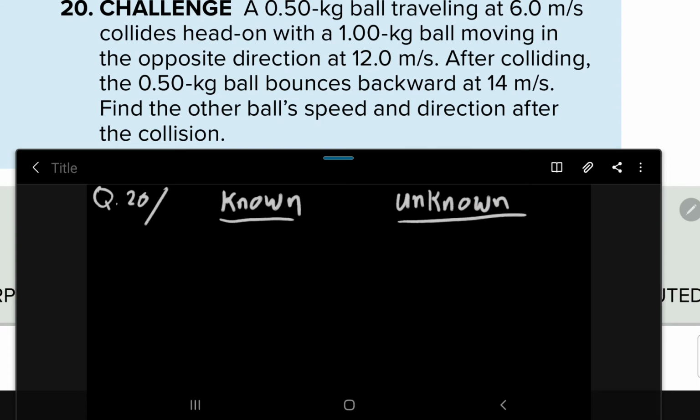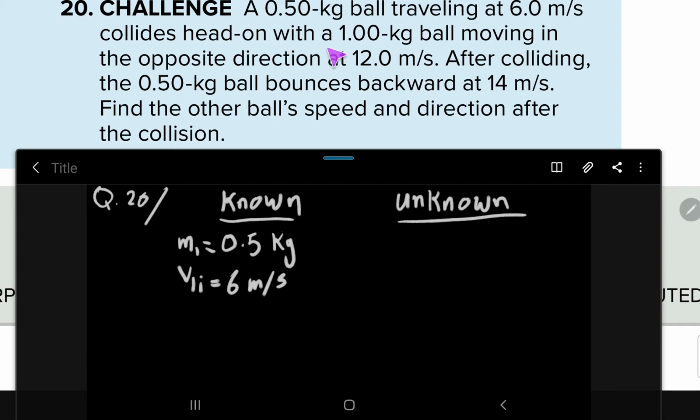So the knowns for the question: we have a 0.50 kilogram ball traveling, so we have the first mass M1 equal to 0.5 kilogram, traveling at 6 meter per second, so V1 initial equal to 6 meter per second.